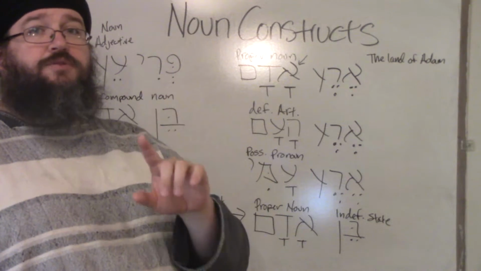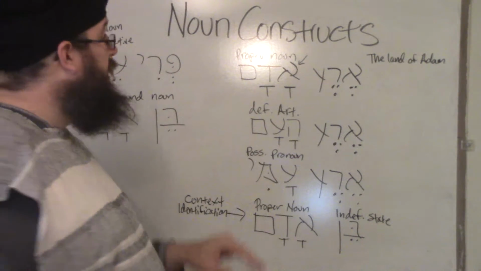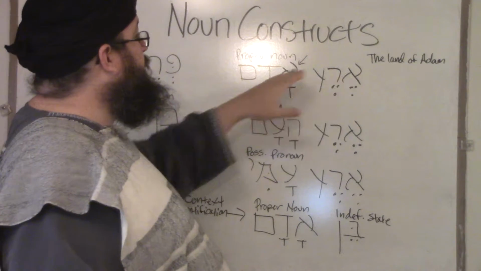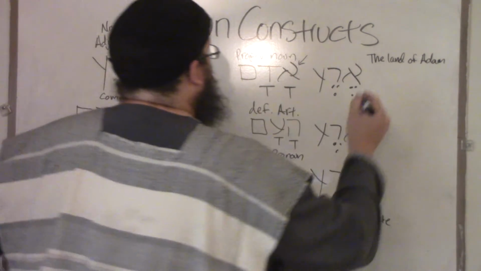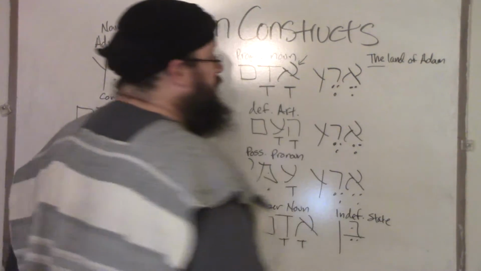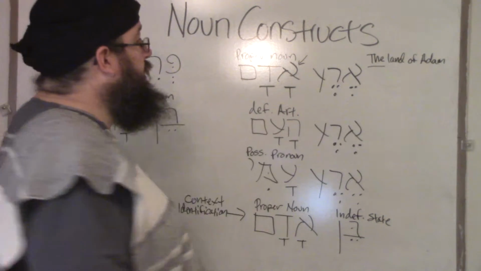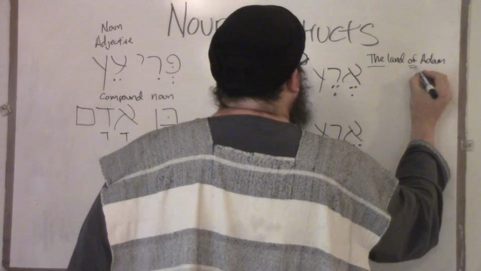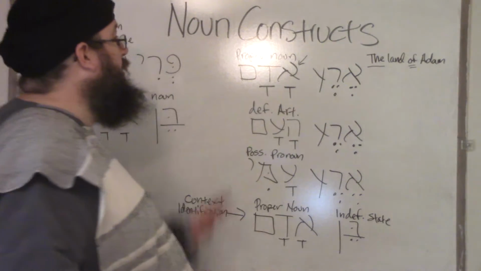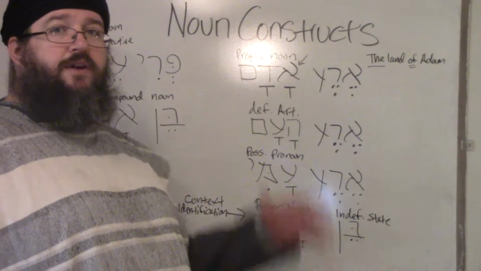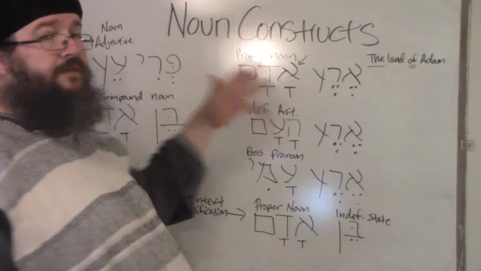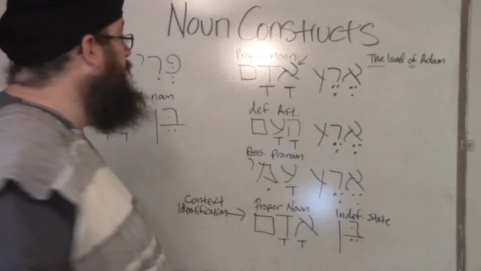Now there is an exception to the rule, and we'll learn this later. So Eretz Adam is the land of Adam. So we have to put the, which is the definite article in English, and connect it to the word land. And then after that, we're going to put of in between the word land and Adam, and therefore it's referring to the land of Adam, and that's how we're going to translate it.